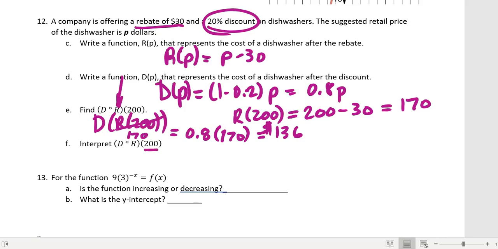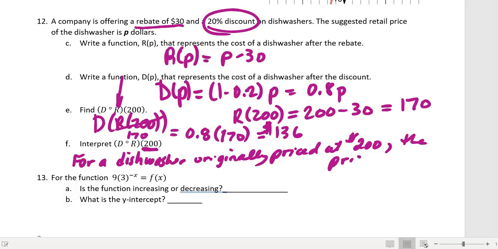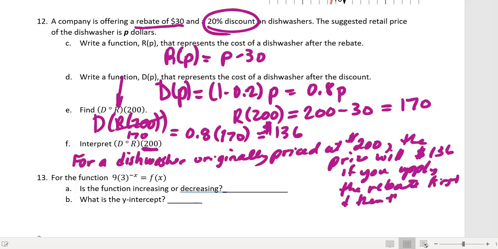Well, if this right here is your original price, the suggested retail price, it's telling you that for a dishwasher originally priced at $200, the price will be $136 if you apply the rebate first and then the 20% discount. And order is important, so make sure you always start with the right.